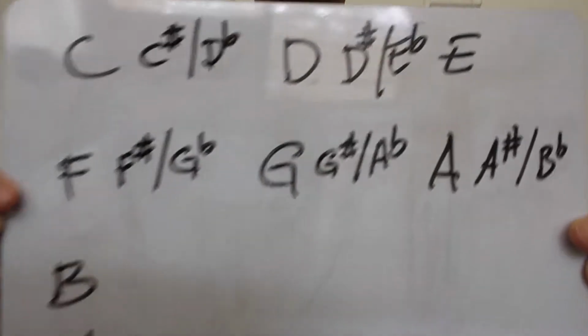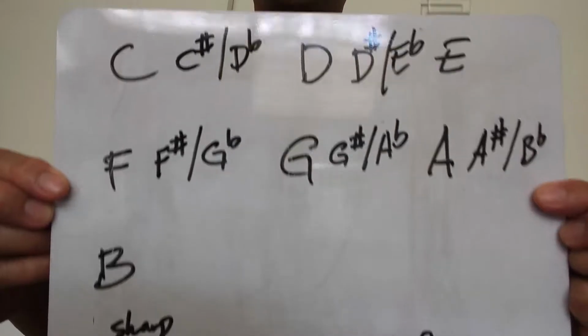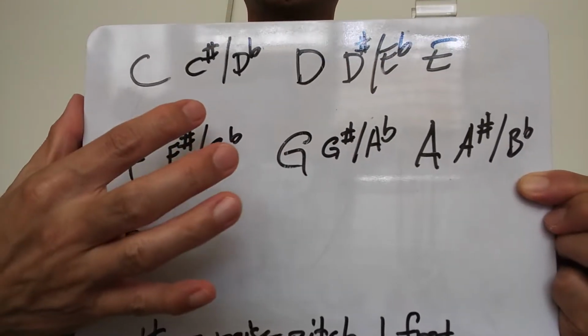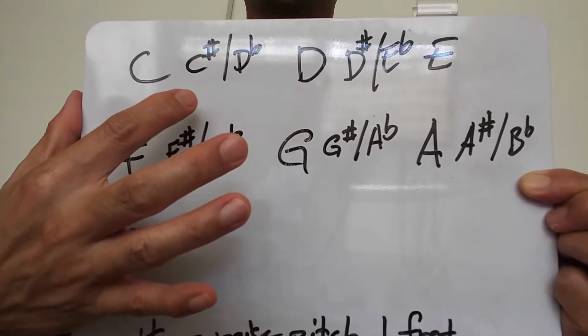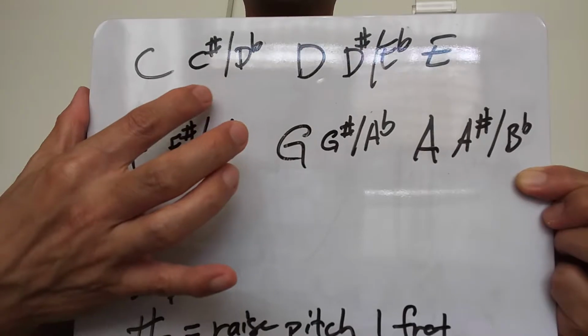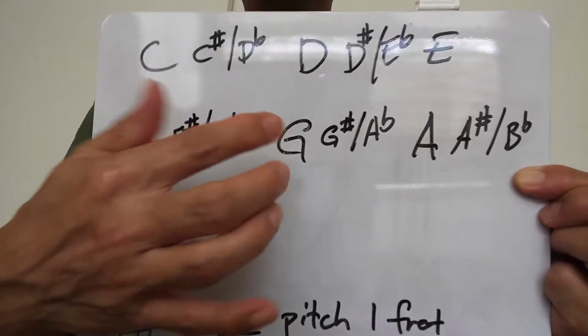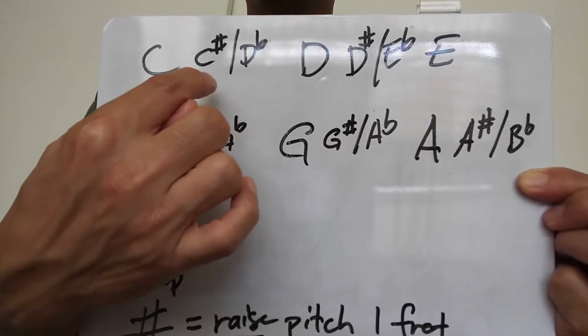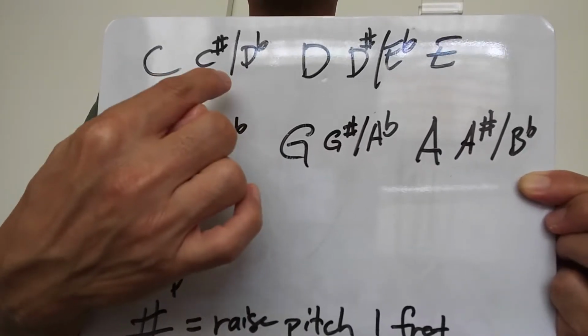Going back to this now, here's the C note. The next note you can call a C sharp, which raises the C 1 fret, or you can call it a D flat, which lowers this D note 1 fret down. So C sharp and D flat are the same note.